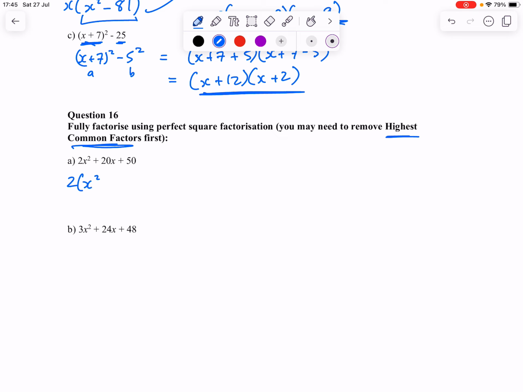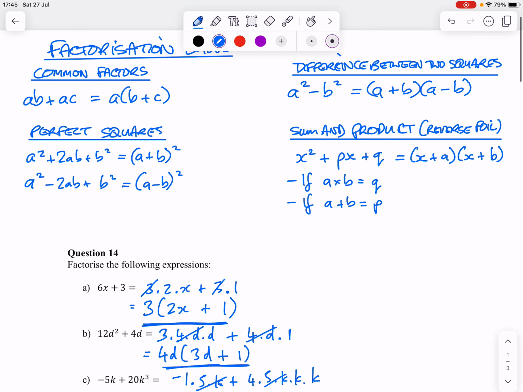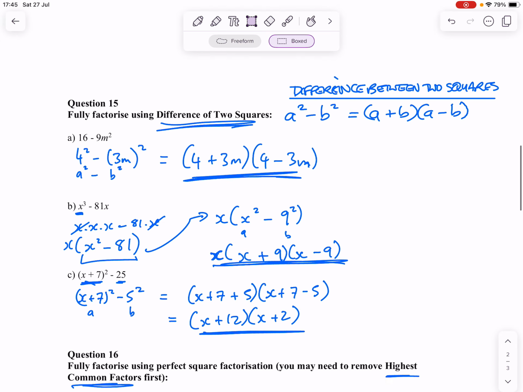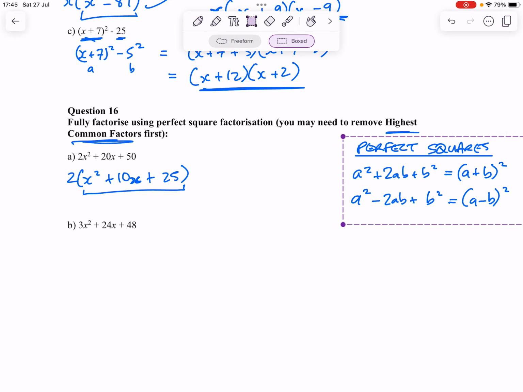What do I times 2 by to get 20x? It's plus 10x. What do I times 2 by to get 50? 25. Now you'll see in the brackets, this is perfect squares rule. So I'll paste it here. And so what is the situation? A squared. A is x.